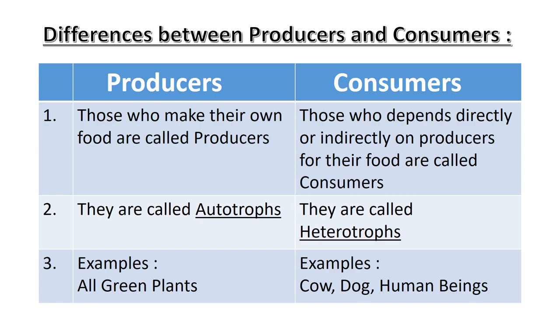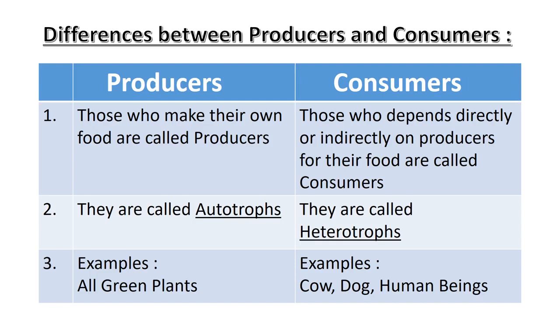You all know green plants prepare their food by the process called photosynthesis, in which they mainly require water, sunlight, carbon dioxide, and chlorophyll. However, those who depend directly or indirectly on producers for their food are called consumers.